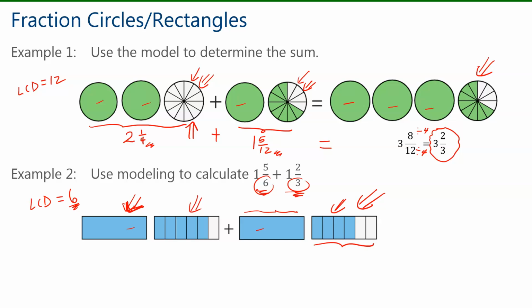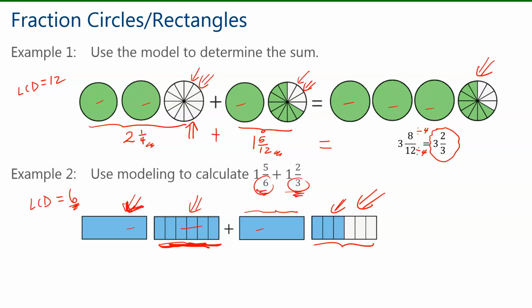So now we need to combine our two partially shaded rectangles. So what I'm going to do here, I'm going to try and complete this partially shaded rectangle here. So I'm going to take one of those sixths and pop it into the 5/6 rectangle. And in doing that, I get another whole.